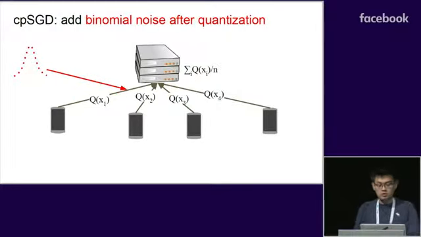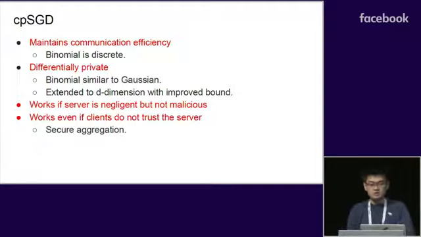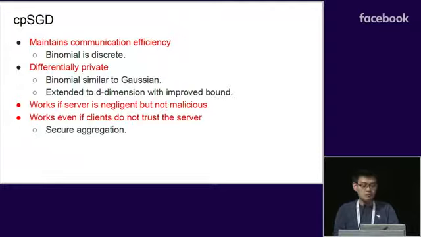In this paper, we proposed the CPSGD algorithm, which adds binomial noise after quantization. So CPSGD maintains the communication efficiency because the binomial distribution is discrete. The proposed algorithm is differentially private in the sense that binomial behaves very similarly to Gaussian.